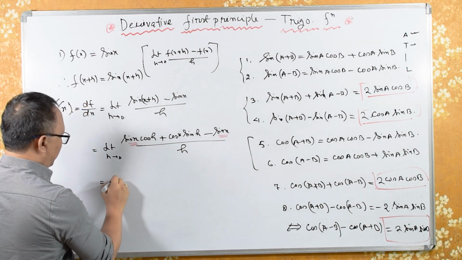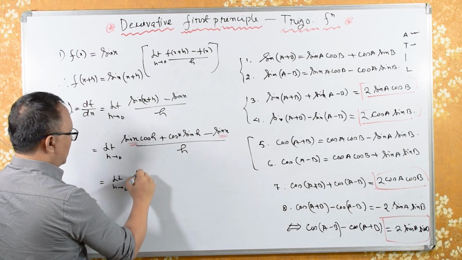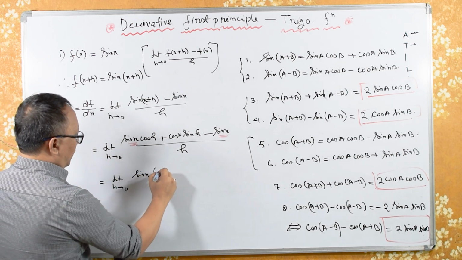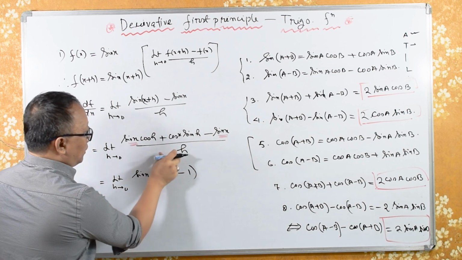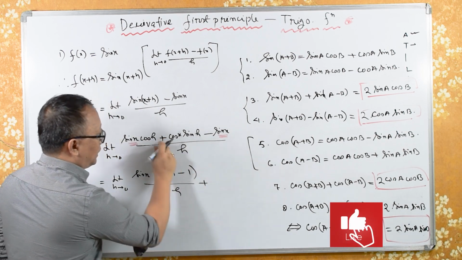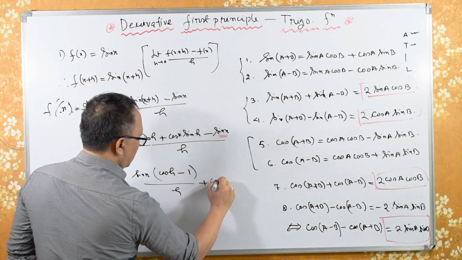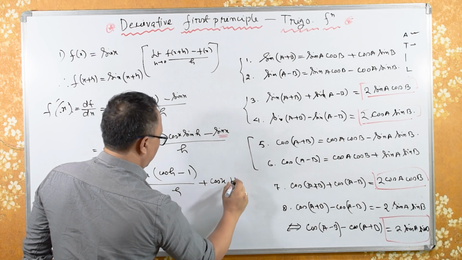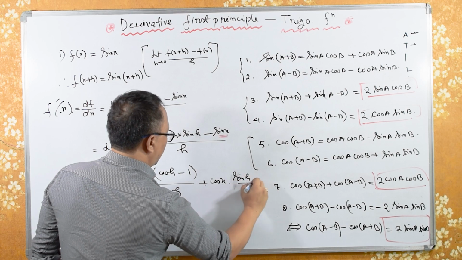So the limit of h tends to 0. If I am taking sin x common, it is because this is free from h. Here we have cos of h minus 1 upon h, plus, separating this, cos x, which is independent of h, times the limit of sin of h by h.